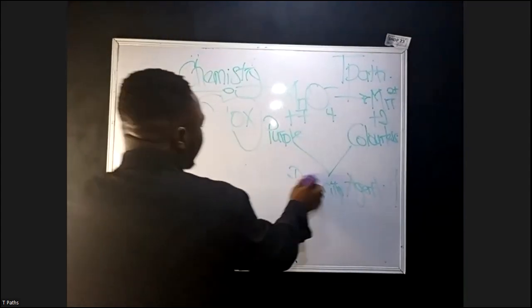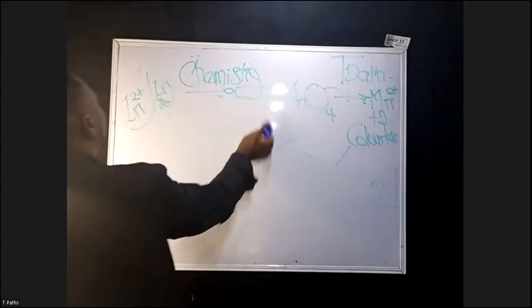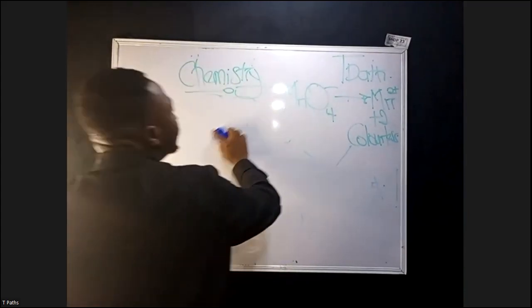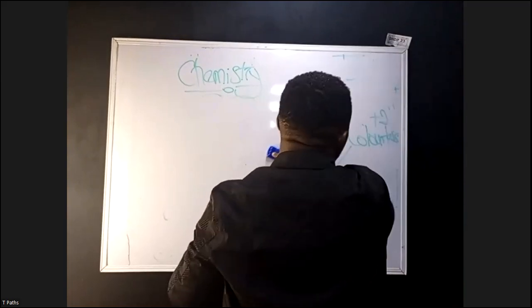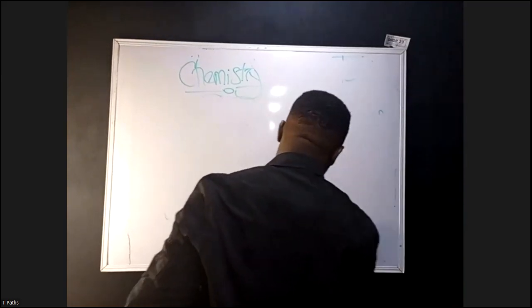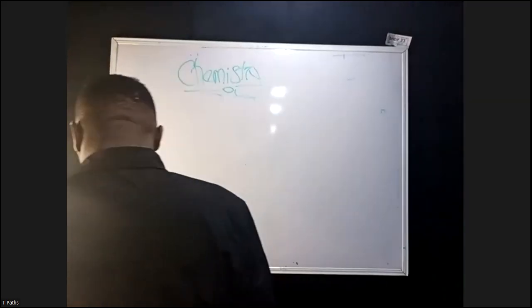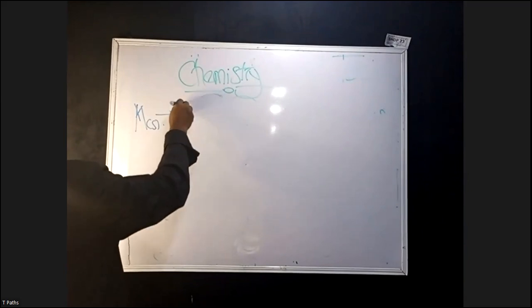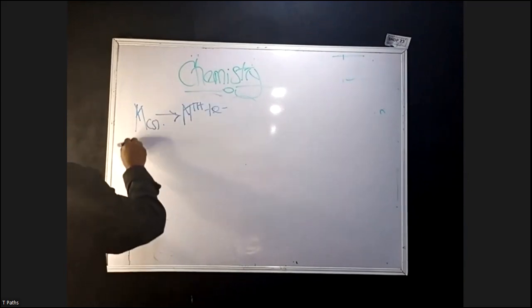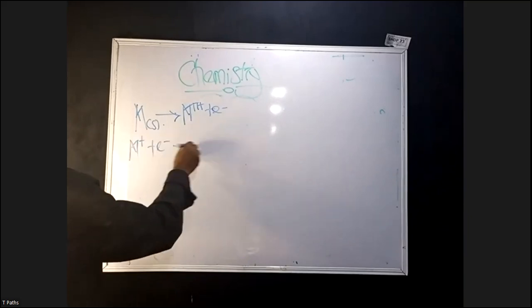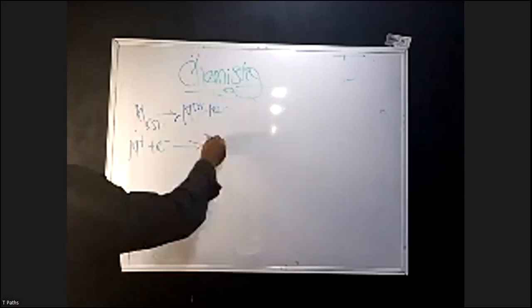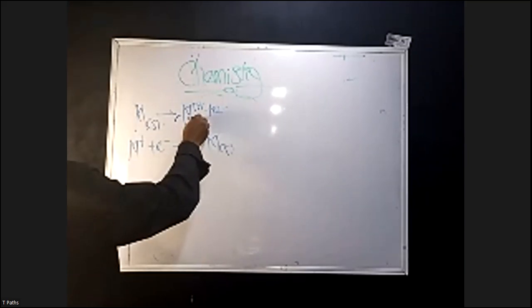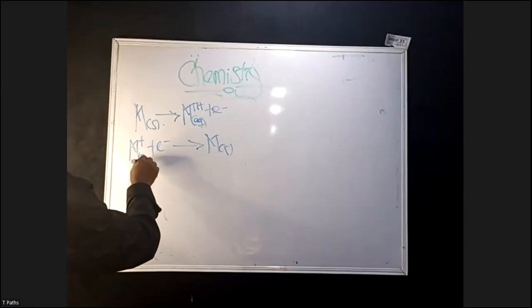So from that, let me bring out something quickly. Earlier on, I used zinc 2 plus and zinc. This is what I mean by that. If I have M(s) giving me M+ and M+ plus electron giving me M(s), this is in aqueous form.